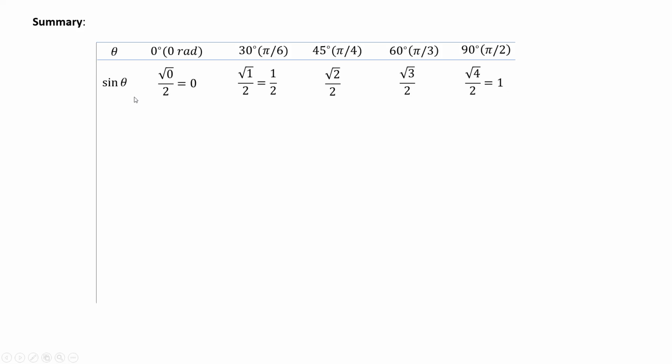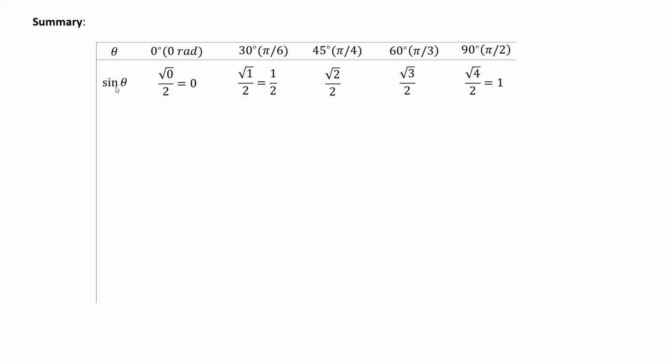Now, do you see how easy it is to remember? This is square root of 0 over 2, square root of 1 over 2, square root of 2 over 2, square root of 3 over 2, square root of 4 over 2, for 0, 30, 45, 60, 90, and for sine. Is that simple to remember? Yeah, it is, and you must remember this.